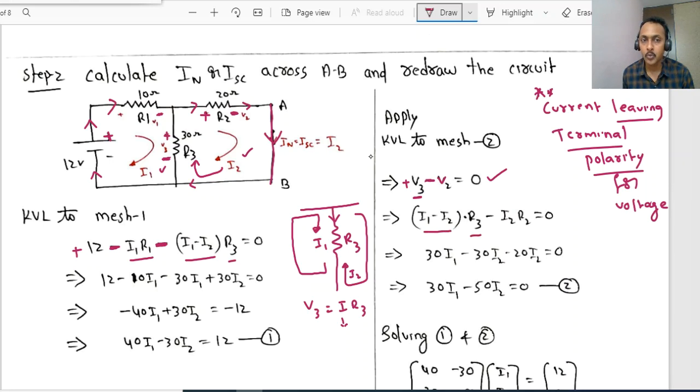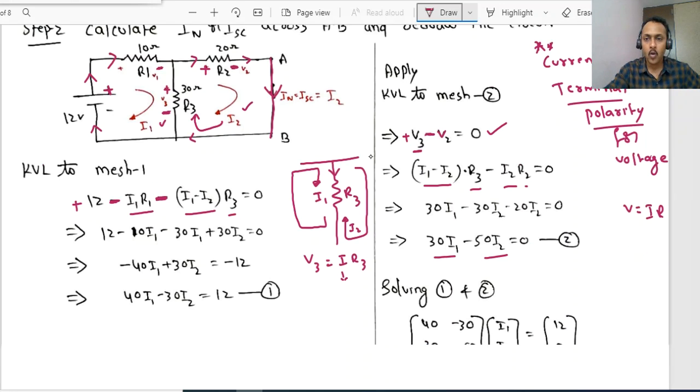This is the V3 value, minus the drop across R2. The current flowing is I2 into the resistor value, because we know the basic V equals I into R, right? So I2 into R2 equal to 0. On simplification, we get 30 I1 minus 50 I2 equal to 0. Now we have two equations.